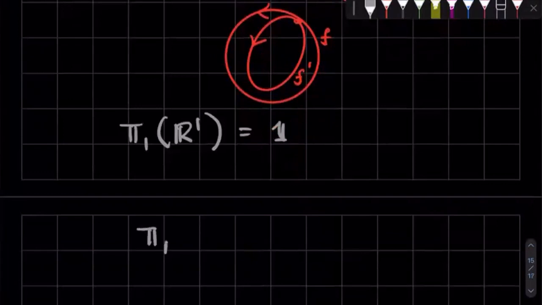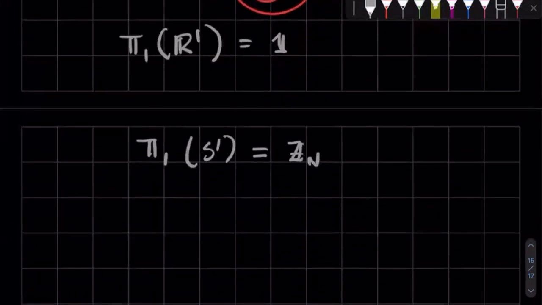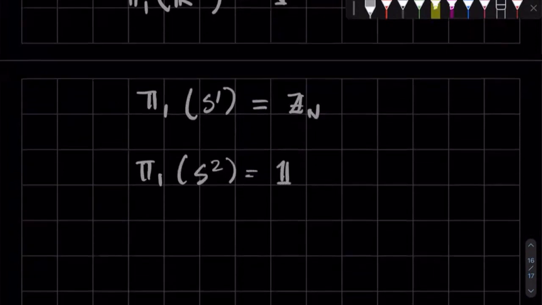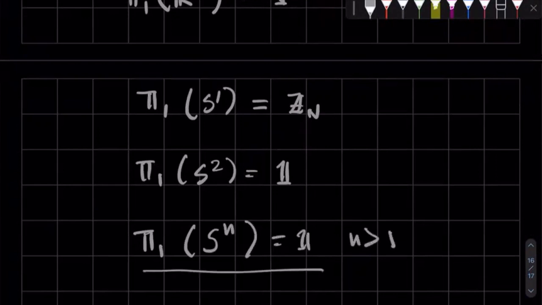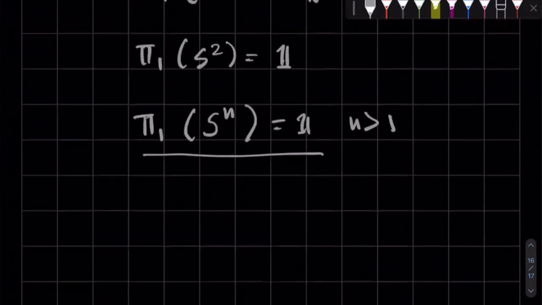And we have just argued that the maps from the circle to the circle are characterized by all the integers, but the maps from the circle to, say, the two-sphere is just the identity map. In fact, for any sphere of dimension n greater than 1 this is true.